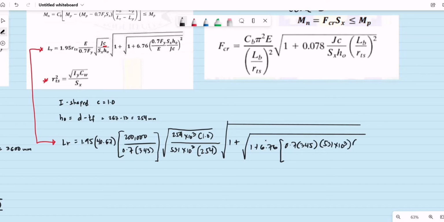Then, H sub O is 254 millimeters. Then, all over.